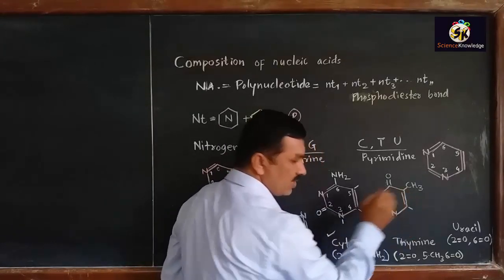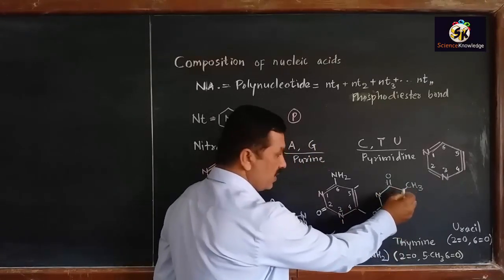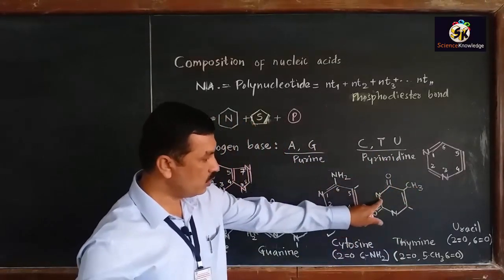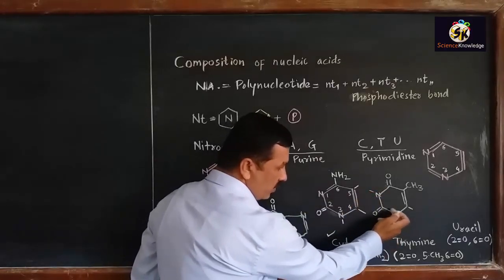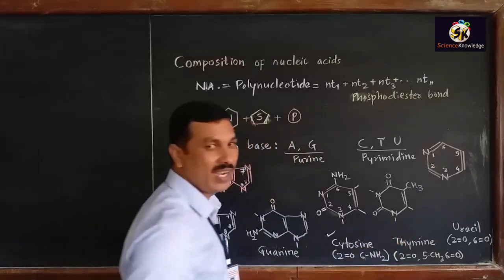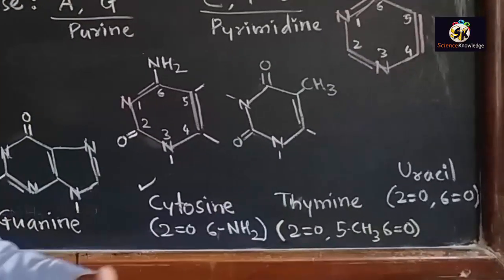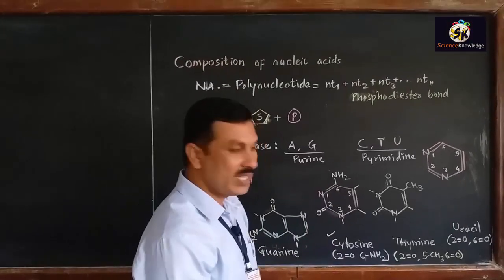Here there will be an additional hydrogen, and carbon number 5, 1, 2, 3, 4. For nitrogen, 1, 2, the third will be hydrogen. For this nitrogen also, 1, 2 and the third will be hydrogen. Good. Does your structure match with this one? Good. The next one, uracil.